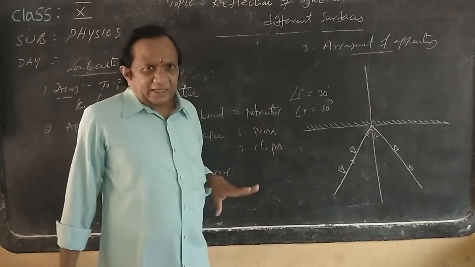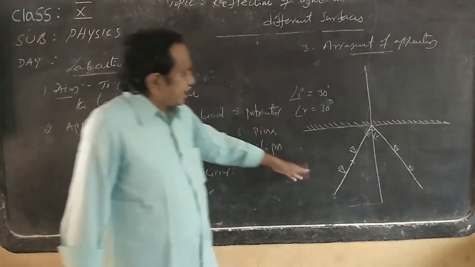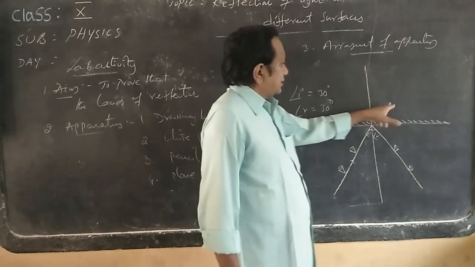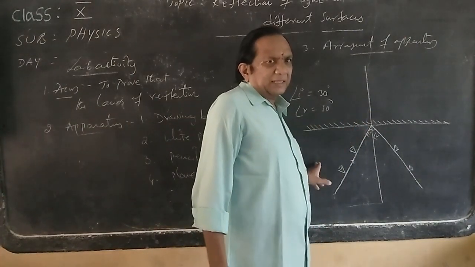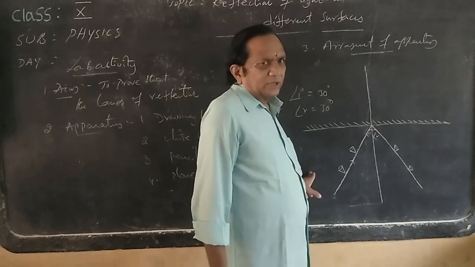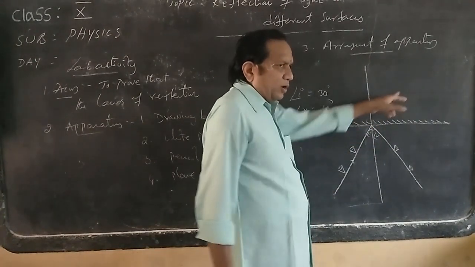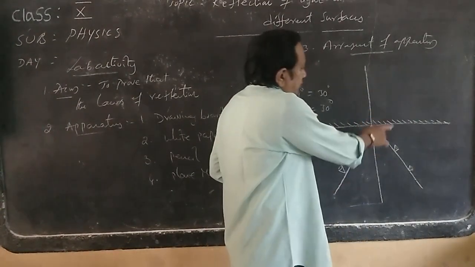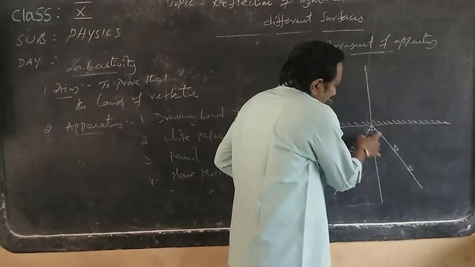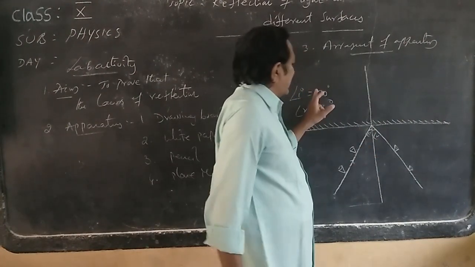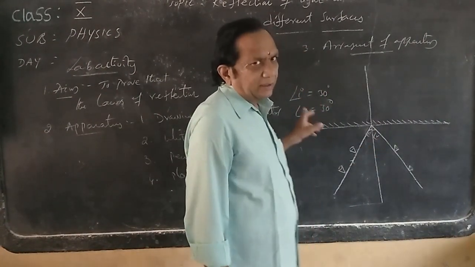Then finally, when all 4 pins, that is the 2 image pins and these 2 pins which you have to keep here, are all in the same plane, in a straight line, then remove them and draw the line and measure that angle. Angle of incidence is equal to angle of reflection.